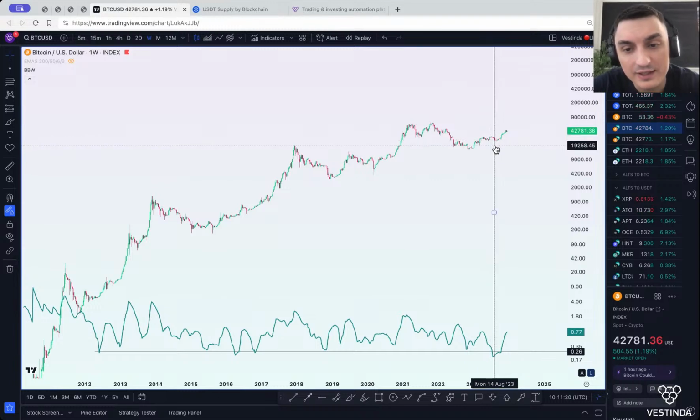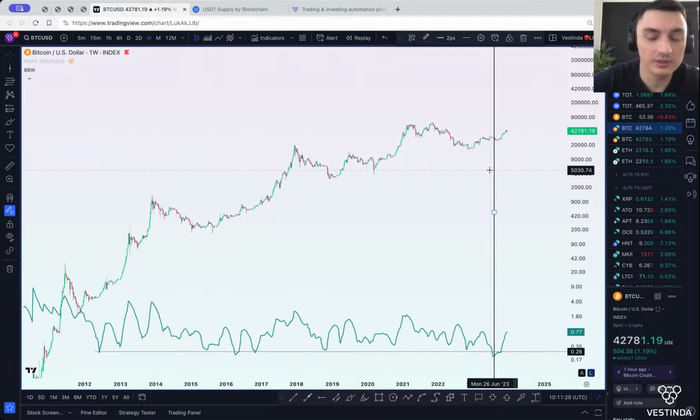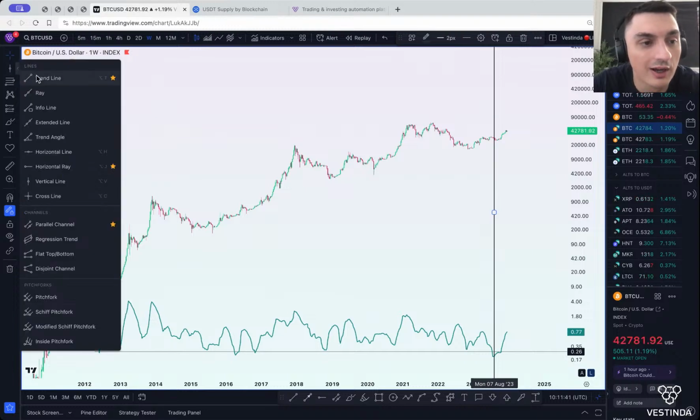So that's kind of a divergence, which is outstanding in terms of what we can expect from the price in the long term.